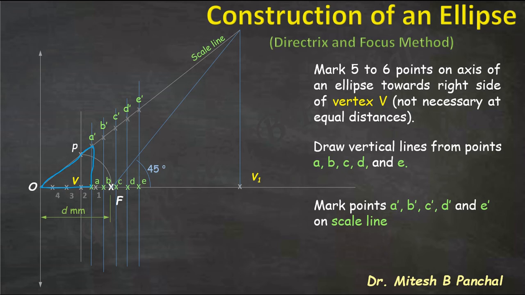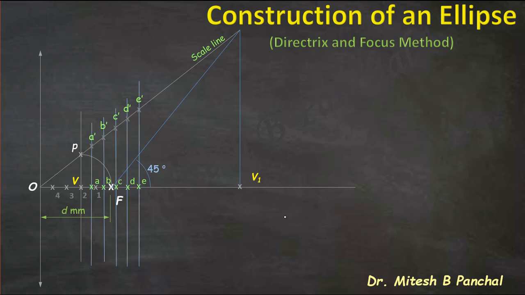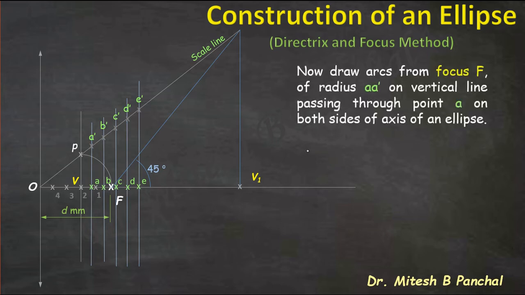Now we will see how we will utilize this concept. In the next step, we will mark the different points. Those points will define the ellipse. So now draw arcs from the focus F of radius A dash.